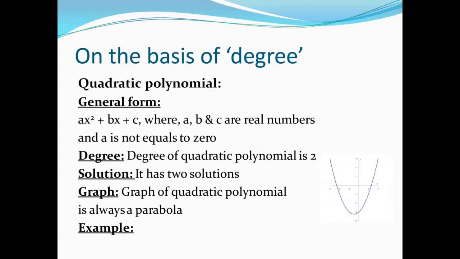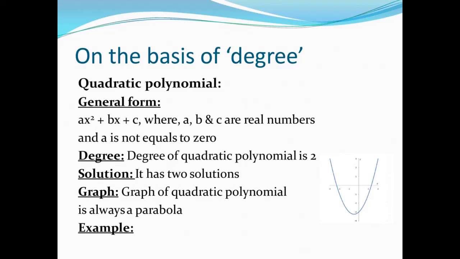Next type of polynomial is quadratic polynomial. General form of quadratic polynomial is ax square plus bx plus c. In this expression, x is the variable whose highest power is 2. So, degree of quadratic polynomial is 2. But in general form, ax square plus bx plus c, a should not be equal to 0.